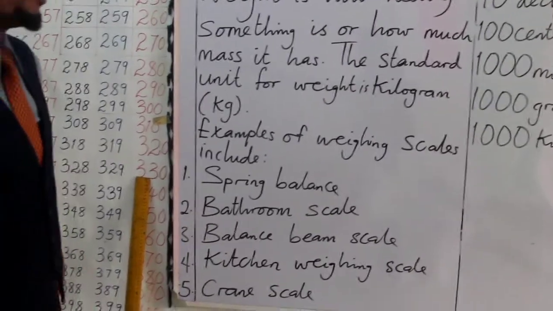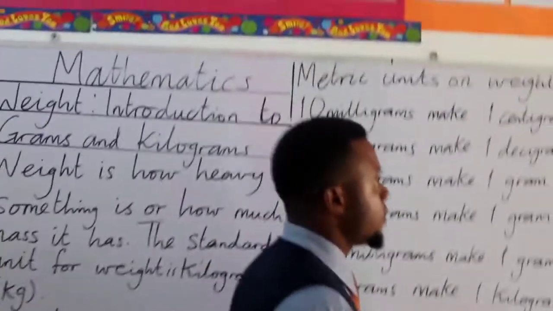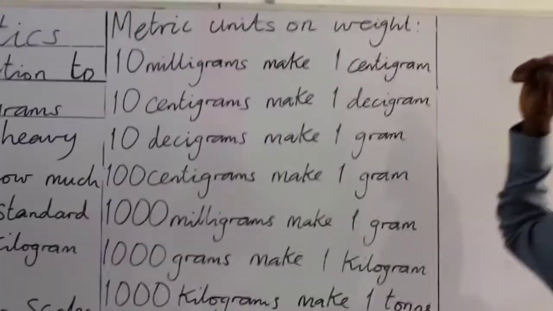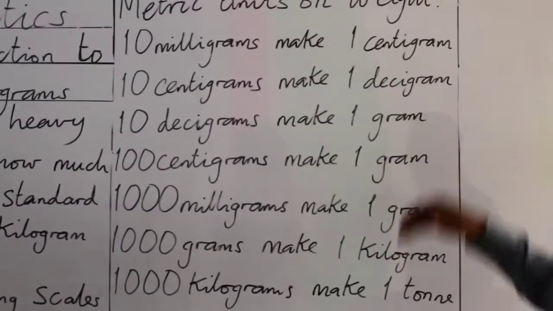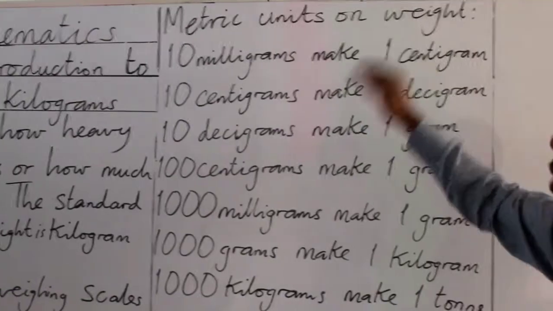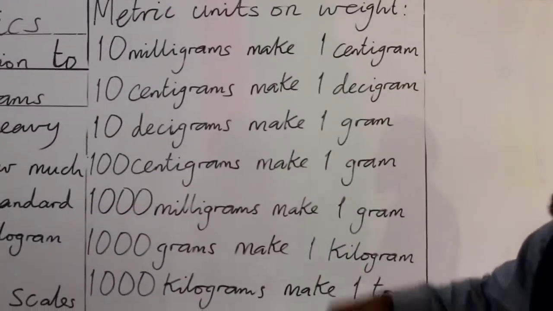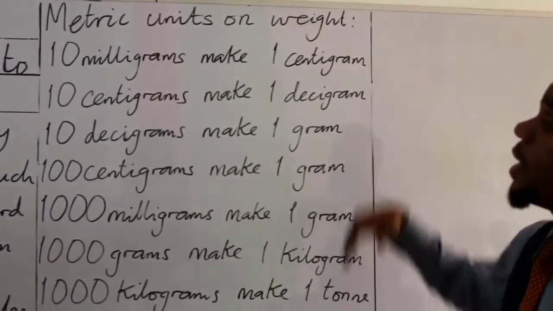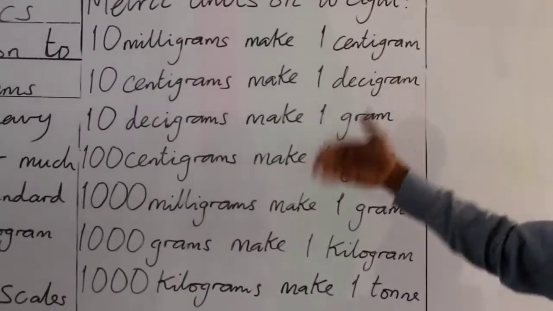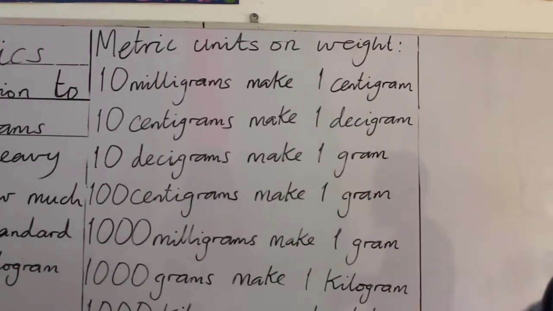Now with this, we go to our metric units of weight. Remember, we are looking at grams and kilograms, but I will be emphasizing other units so we get used to them, in case you see them in a picture.